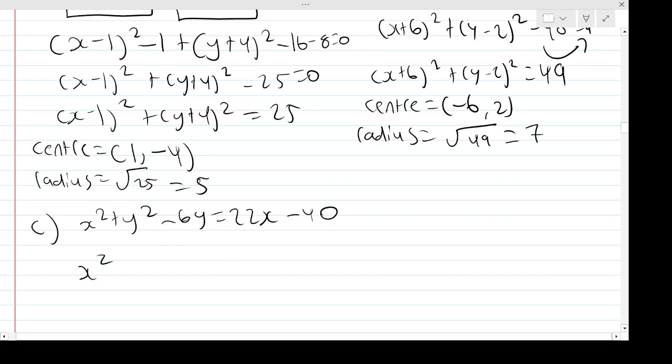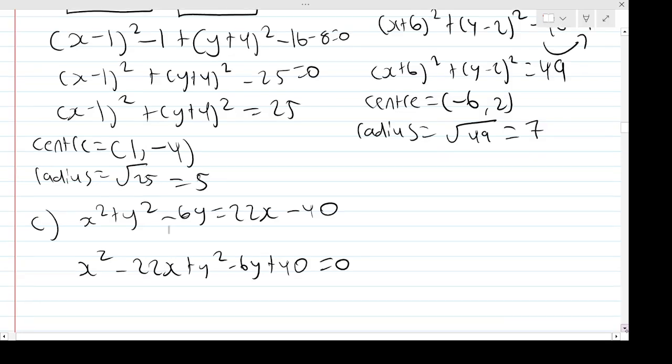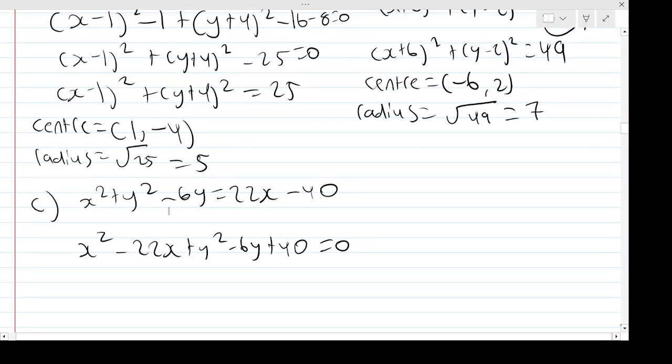So let's do x², then minus 22x, then y² - 6y, then we add 40, and that will equal 0, because we moved all of this to the other side of the equation. The right hand side moves to the left. Then we can complete the square on the x and the y parts.